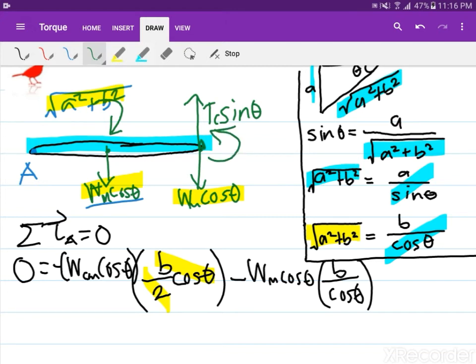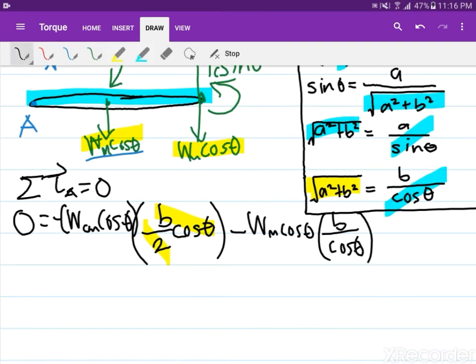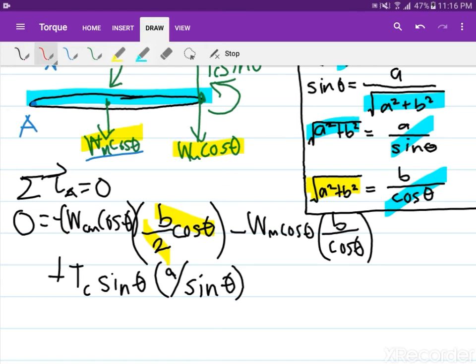So this will have a positive sign. So this is plus TC sine of theta times the moment arm of A over sine of theta. Using our trigonometric values, we can cancel out cosine and sine.